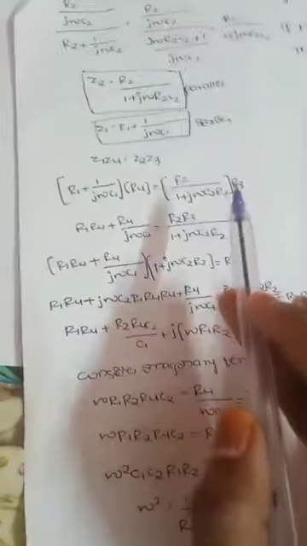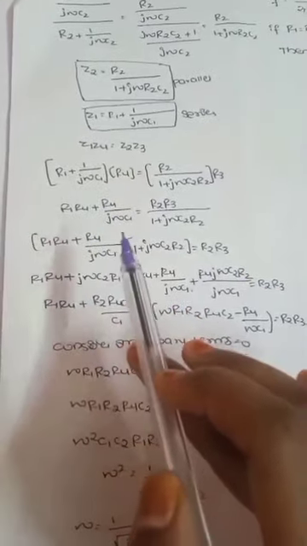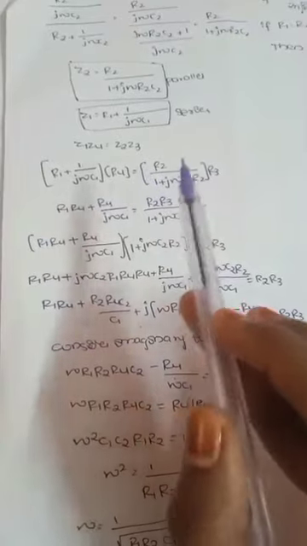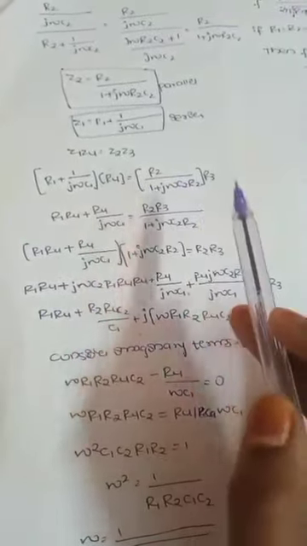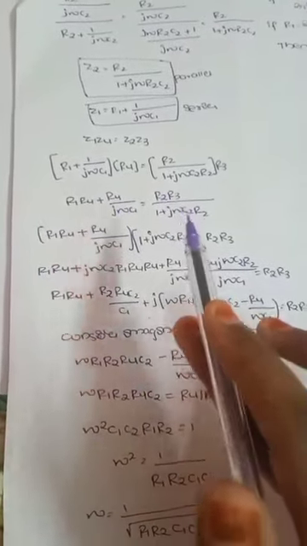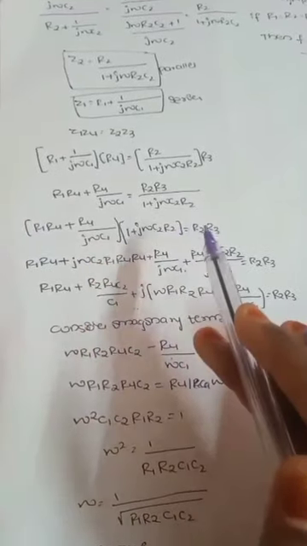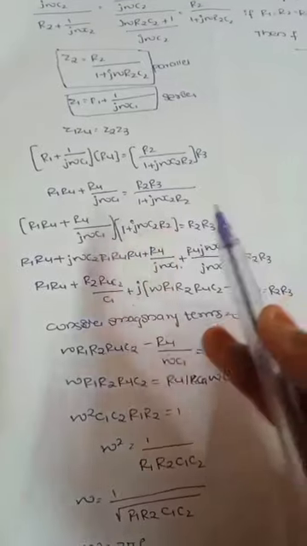Z1 Z4 = Z2 Z3. So (R1 plus 1 by j omega C1) into R4 is equal to R2 by 1 plus j omega C2 R2 into R3. Then R1 R4 plus R4 by j omega C1 equals R2 R3 by 1 plus j omega C2 R2.